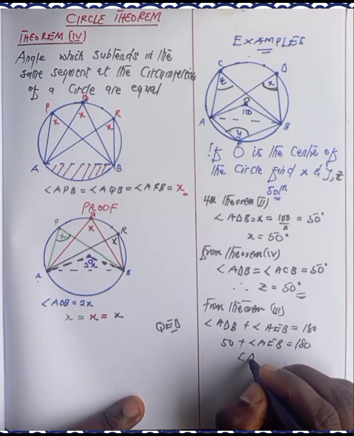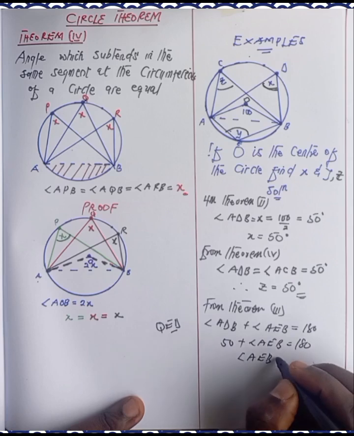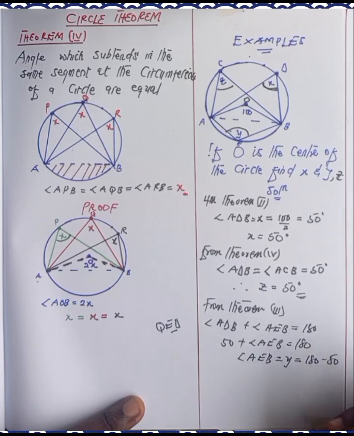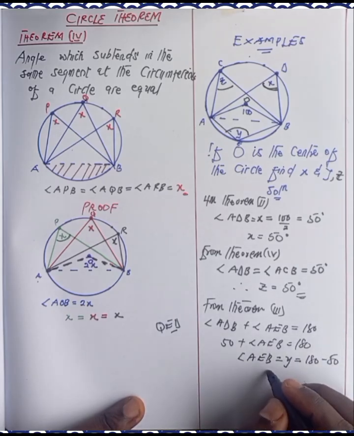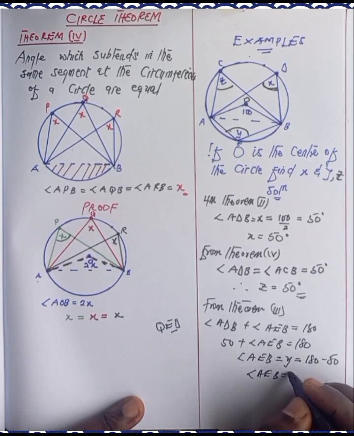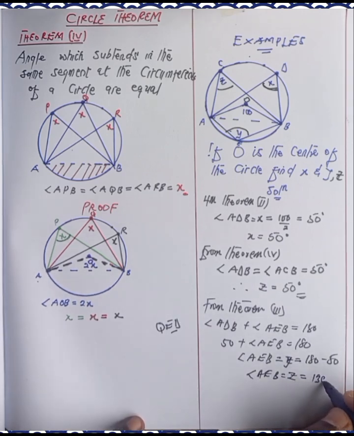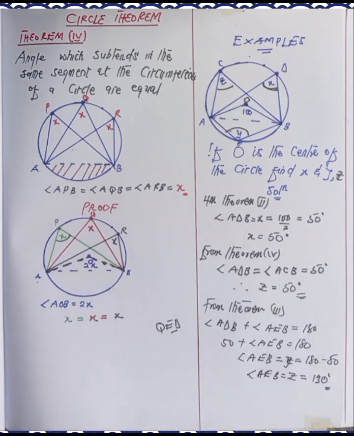Grouping like terms, we have AEB, which is equal to y, is equal to 180 minus 50 degrees. So angle AEB, which is the same as y, is equal to 130 degrees. Very, very simple.